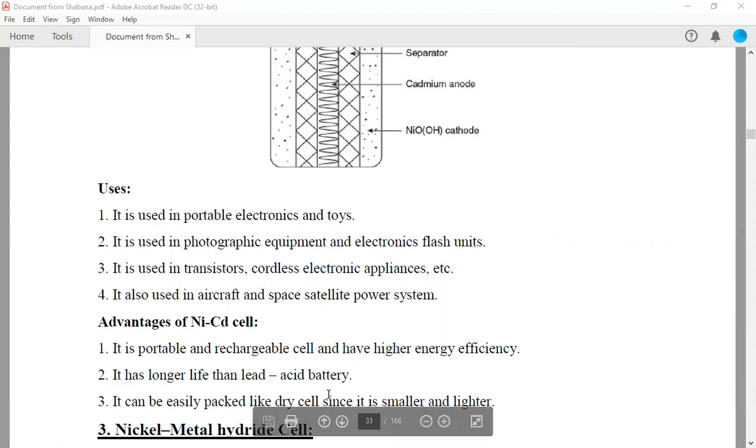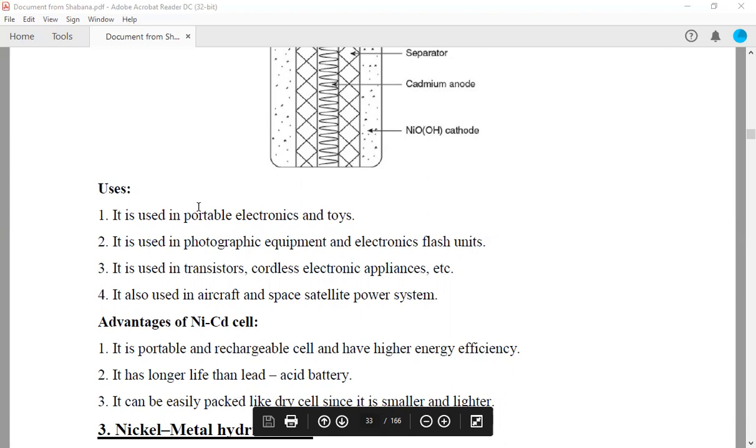And this nickel cadmium battery has a long shelf life without any maintenance. As it has low maintenance, it can be easily packed like a dry cell, since it is smaller and lighter. So these are the advantages of the nickel cadmium cell.